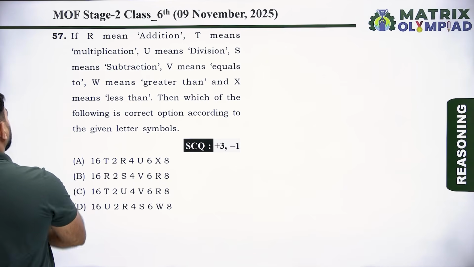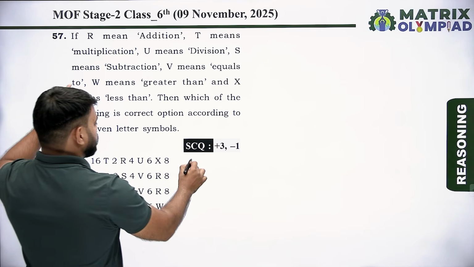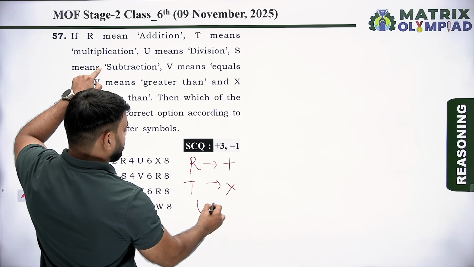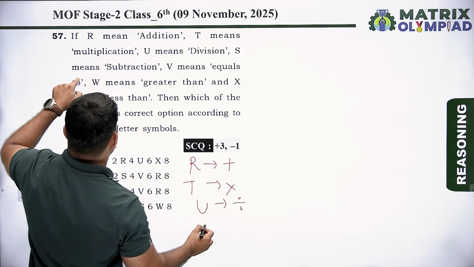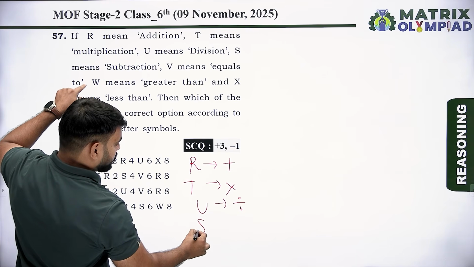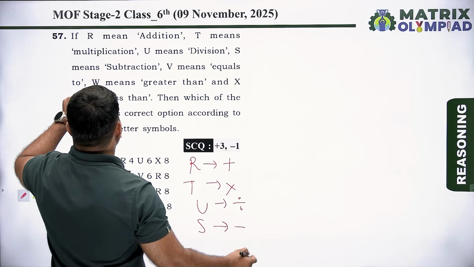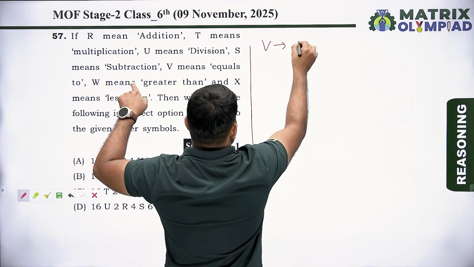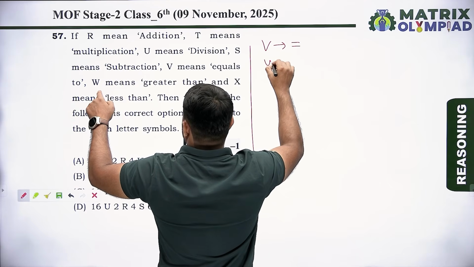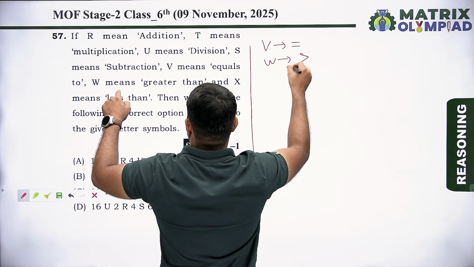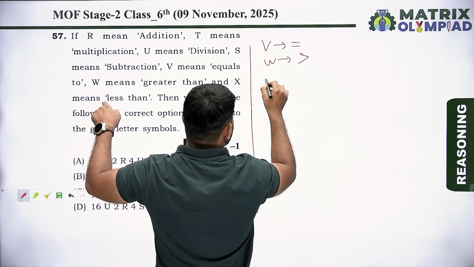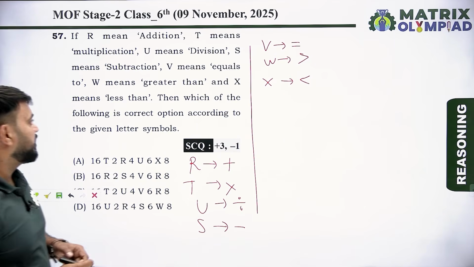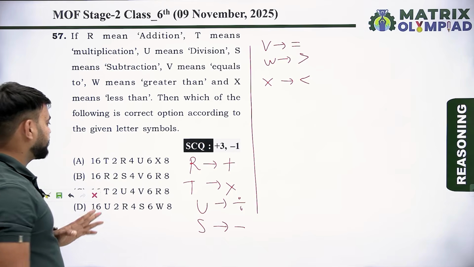So now next question is question number 57. If R means addition, T means multiplication, U means division, and S means subtraction, and V means equals to, W means greater than to, X means less than, then which of the following is correct option according to given letter symbol?